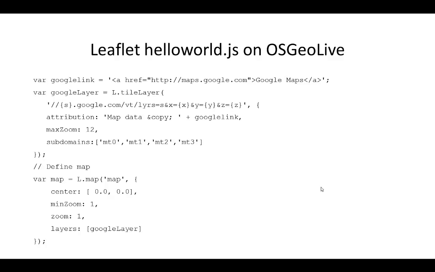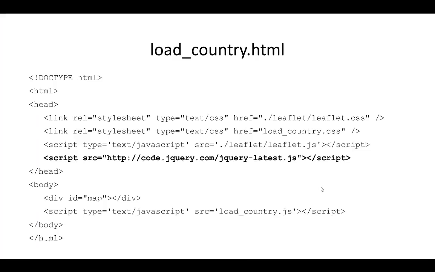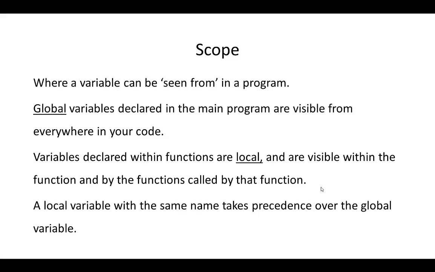This is the main program. It calls hello world JavaScript and sequentially runs through these items of code. However, variables that are declared within functions have local scope and are visible within the function in which they are defined and by any functions called by that function. That's the way I understand it.